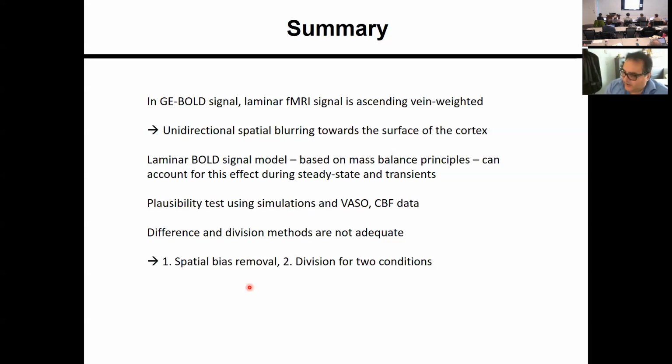Actually, initially it's surprising, but if you look at our 2018 paper with Ingo Marquardt, in V1 we actually get two peaks, in layer 6 and layer 4. And if you apply some smoothing on this profile, then you get this decrease in blood flow from layer 6 to layer 1, which means it would be consistent.